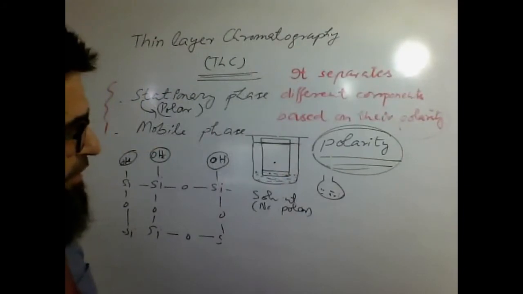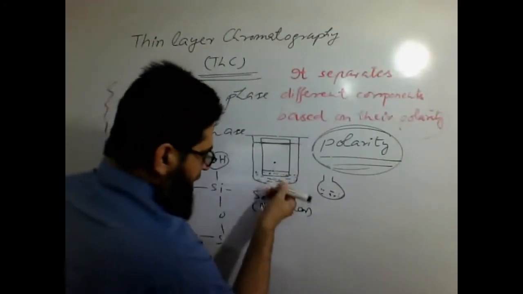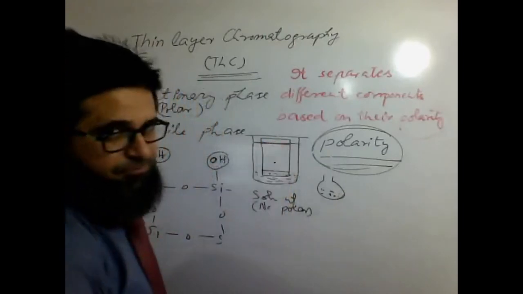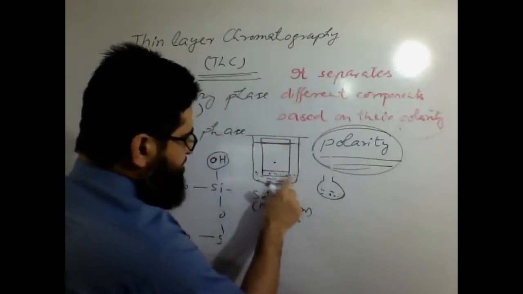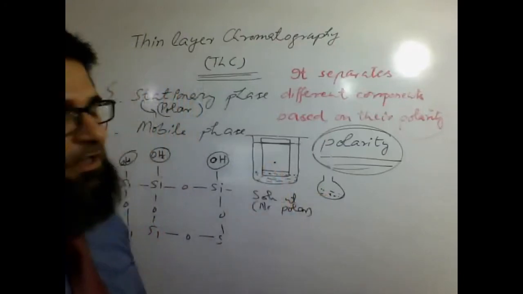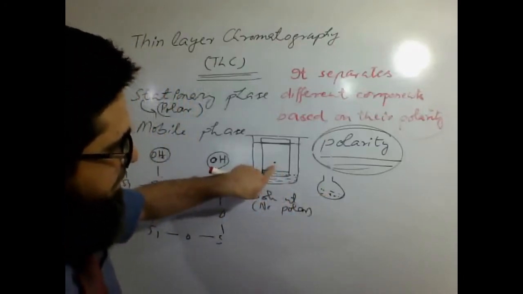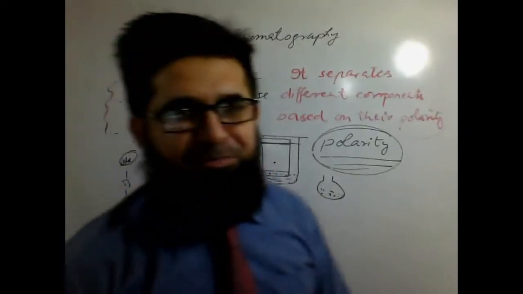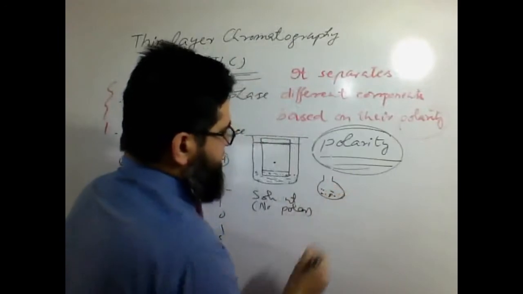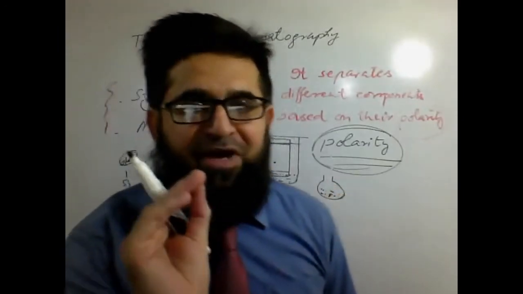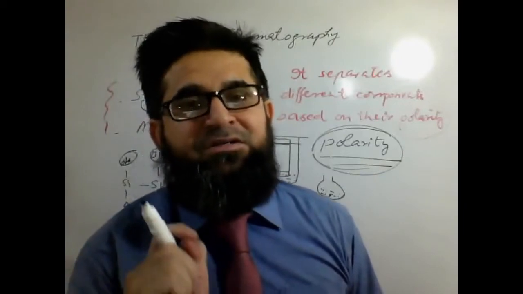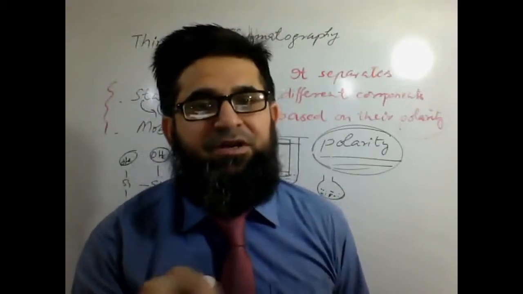As the solvent has moved through the plate, the molecules present in the sample have moved up, but it has shown only a single spot. It means this given compound which was present in the flask carries only one type of molecule. It's a pure sample, it does not carry any other fraction.